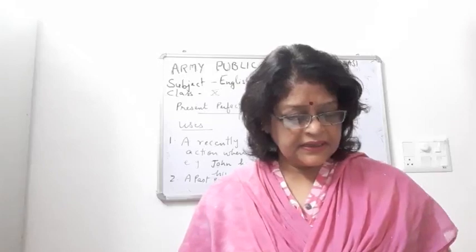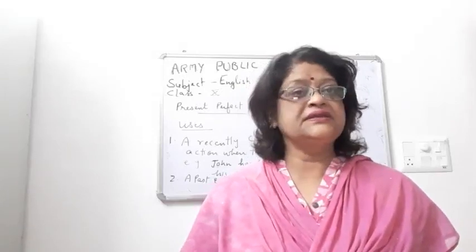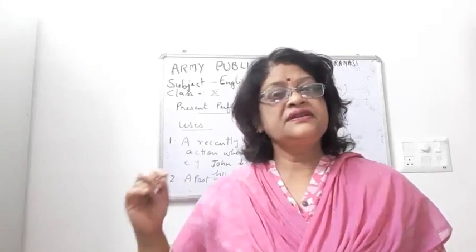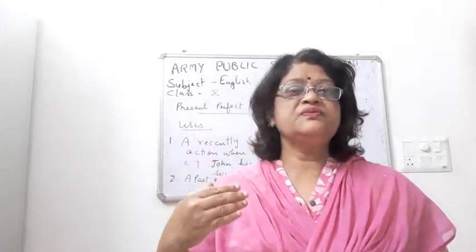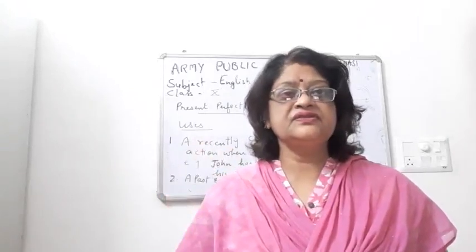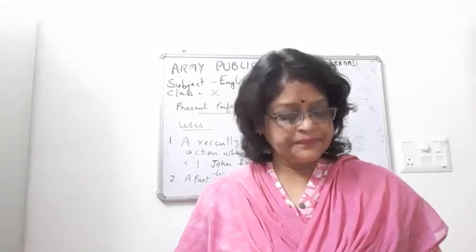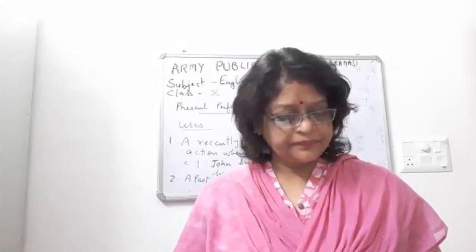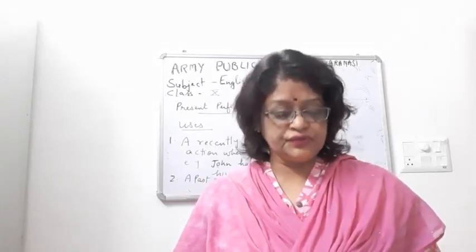Like, I haven't seen him so far. Here, so far is the word. I haven't seen him so far, or he has just left. Because the word just is here, this is the case of present perfect tense. Okay, so we have done present perfect tense uses.